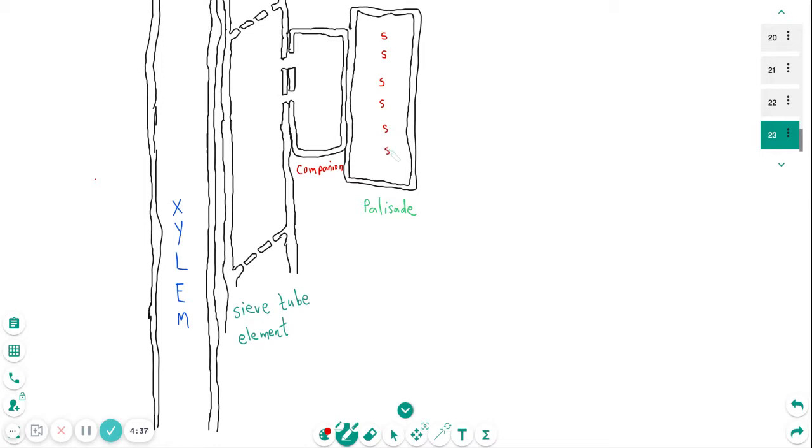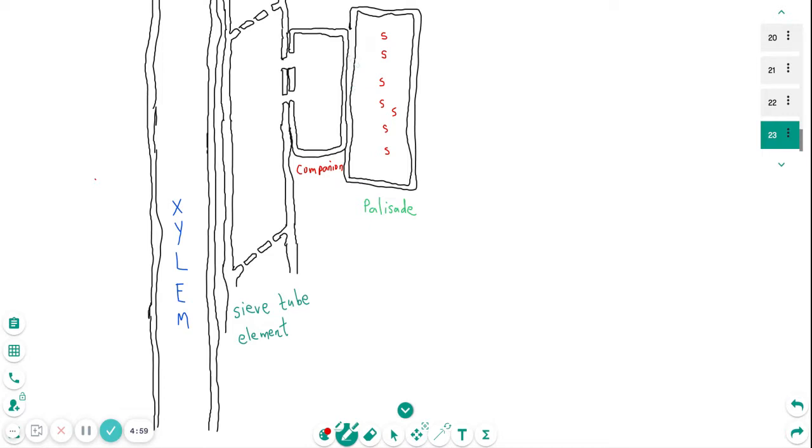And as it produces more and more, there's a concentration gradient. There's a high concentration, but it's unable to diffuse into the companion cell because the cell membrane is impermeable to sucrose. The only way sucrose can enter the companion cell is through co-transport.